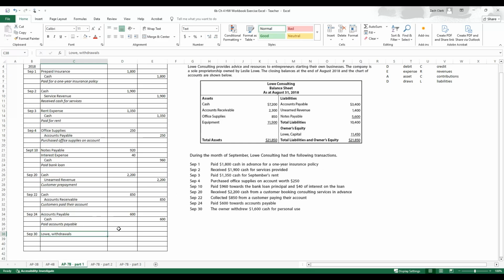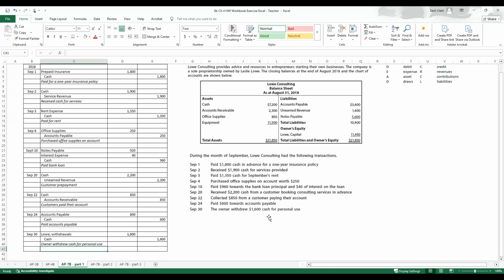We just have the one really in this instance, so Lo capital. So we're going to use an account of withdrawals that is specific to that owner. So we'll say Lo, who is the name, and then withdrawals. And it's going to be, how much was it? $1,600. So the owner takes out the money, the asset goes down. And we'll just say owner withdrew cash for personal use.